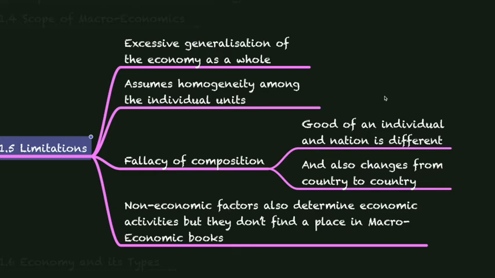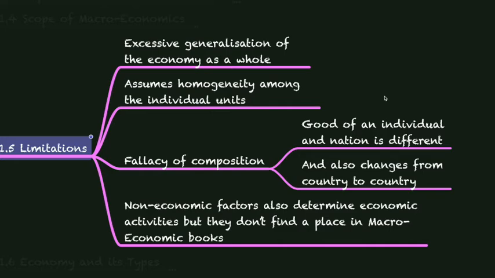We as Indians will not be having the same kind of needs or wants as the people in the north. North people will not be having the same needs and wants as people in the west or east. Each and every single state or each and every area of people will have different needs and wants. So we can't consider a good for one single individual to be good for the entire nation. That is what is called fallacy of composition.